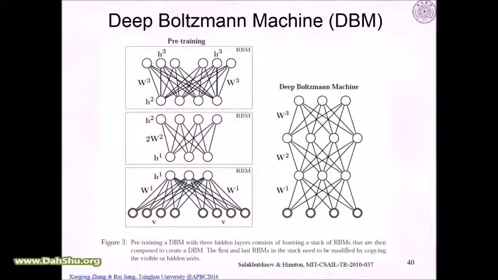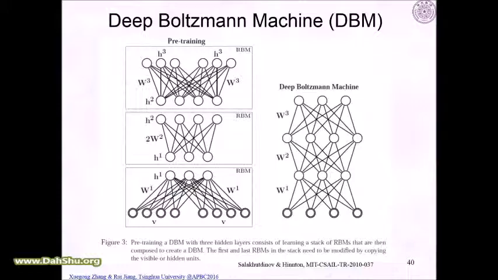A famous one among this family is the so-called deep Boltzmann machine, which is a fully connected undirected graph model. So we train each sub-network by using a so-called restricted Boltzmann machine.